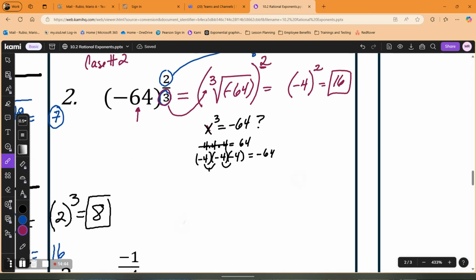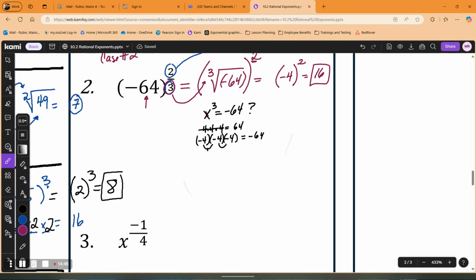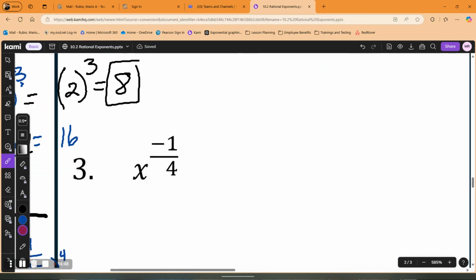Okay. Let's look at example number 3. Obviously, this is an example of case number 3 because we have this negative sign out here. And I know that from the previous example, I'm going to do 1 divided by same base, same exponent, except I change the sign to a positive.